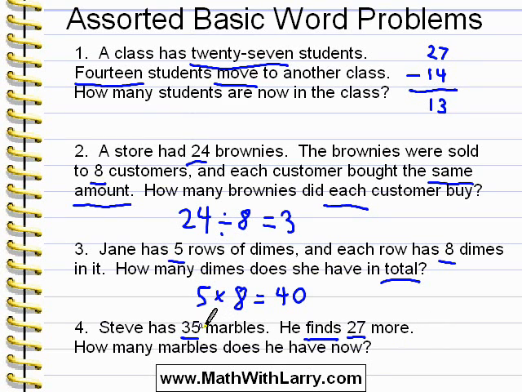And what we'll just write is 35 plus 27, and that gives us 62. Of course, I would add the 7 plus the 5 and then carry the 1, and I get 62.